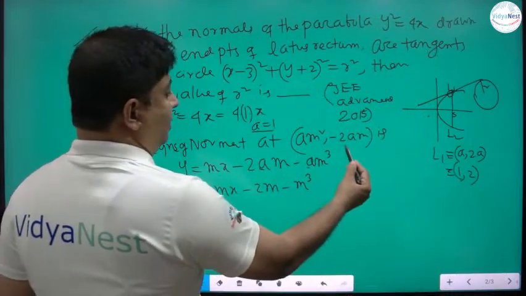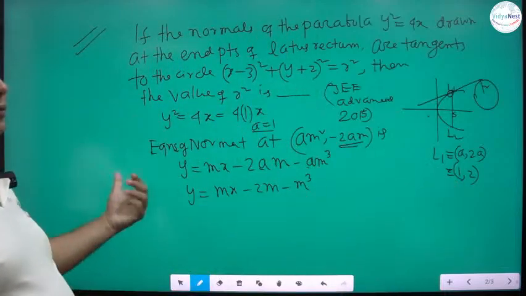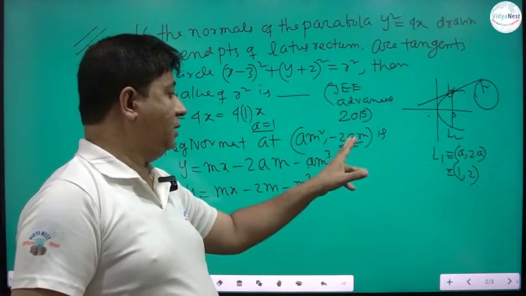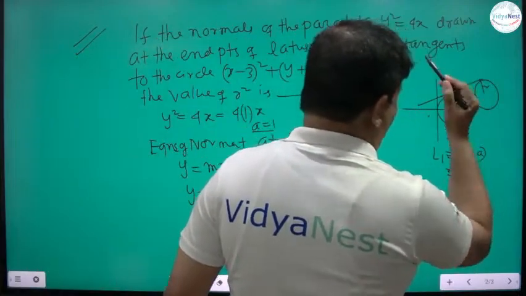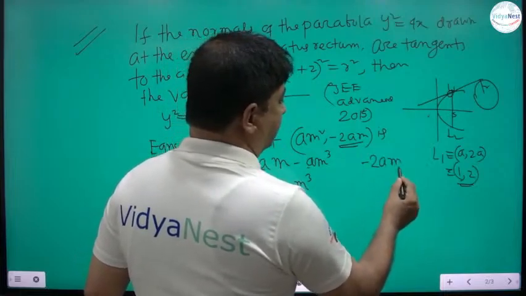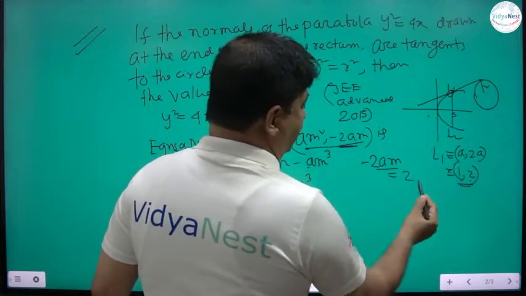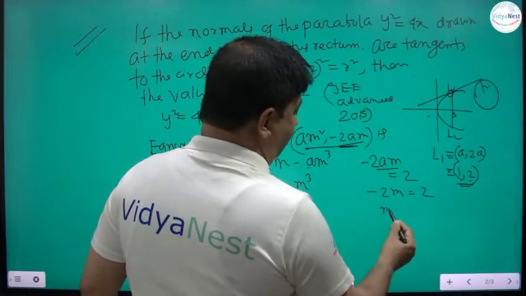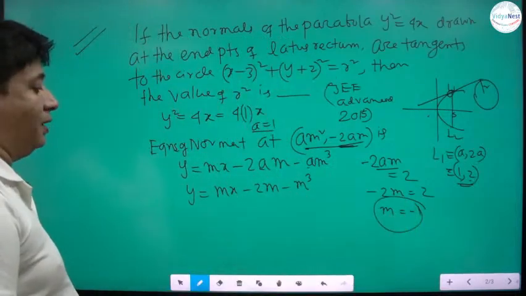So if I equate the y component of these assumed points with the y component of the given point, then I can get m. Equate the y component. A is 1. So m is minus 1.